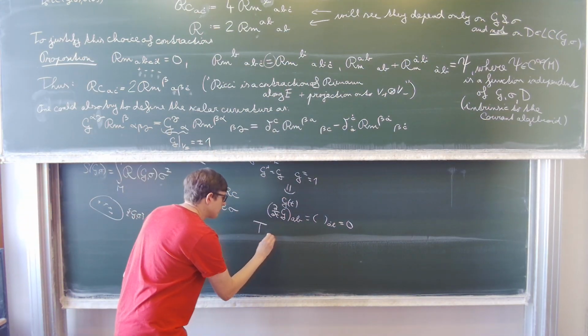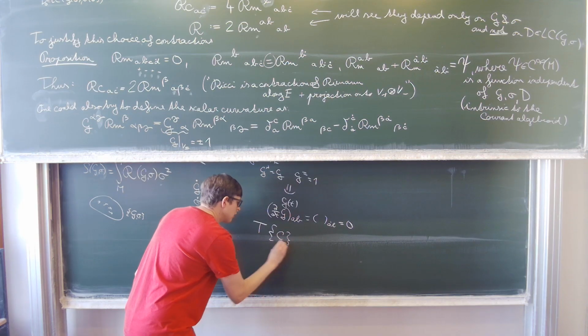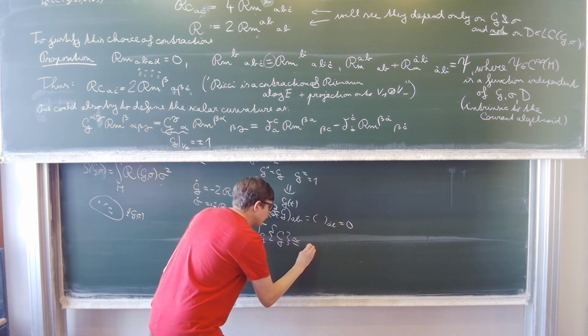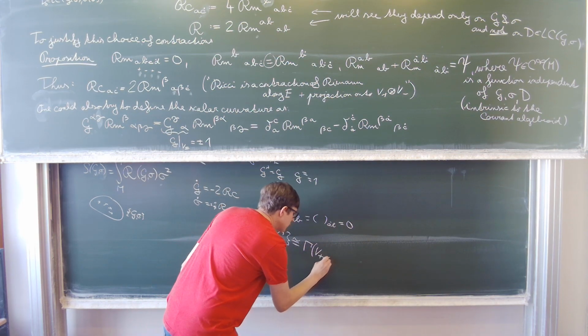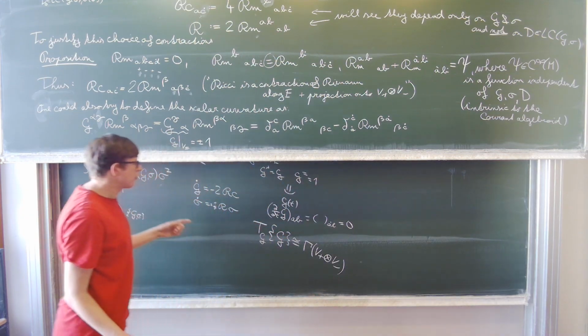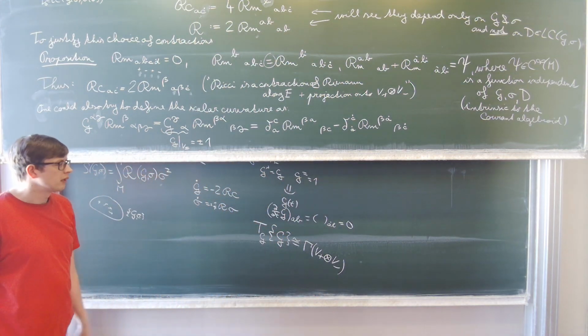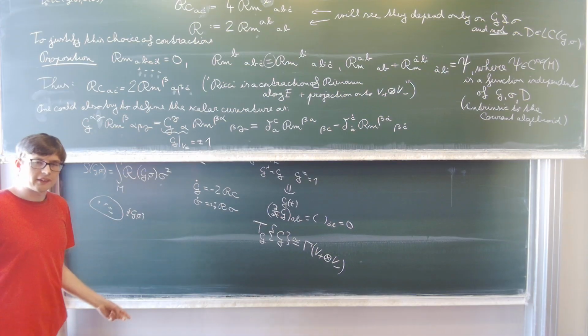So the tangent space to the space of all metrics at a given metric, you can identify with the sections of B plus tensor B minus. And that's why a Ricci flow is meaningful. It's precisely the part that tells you how to deform the metric.